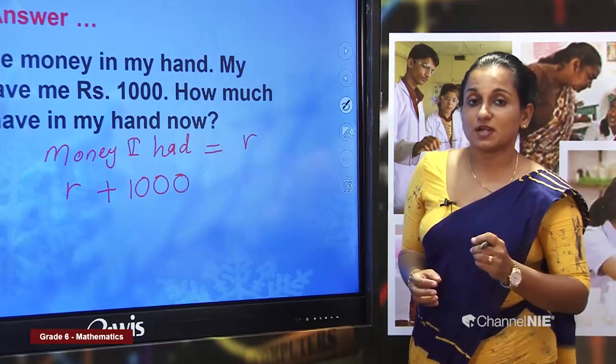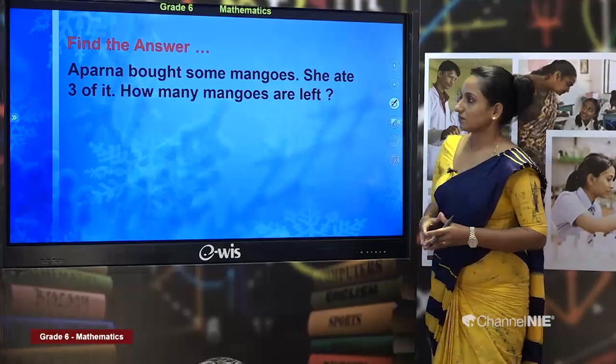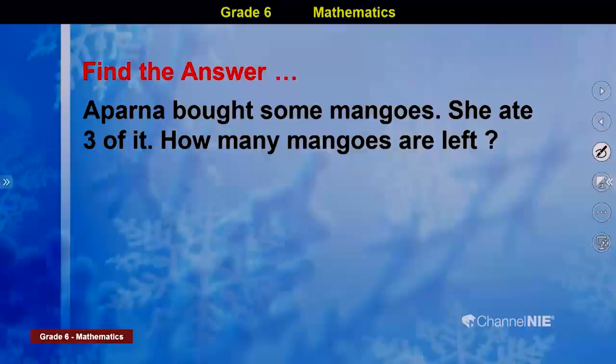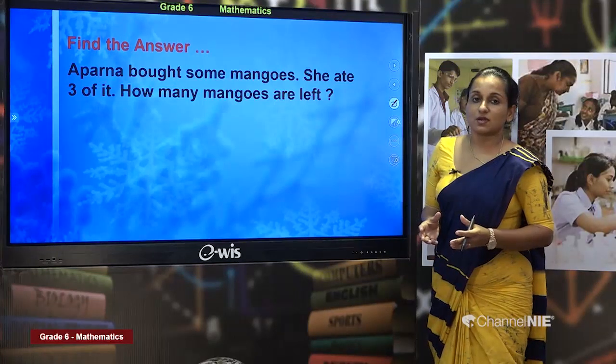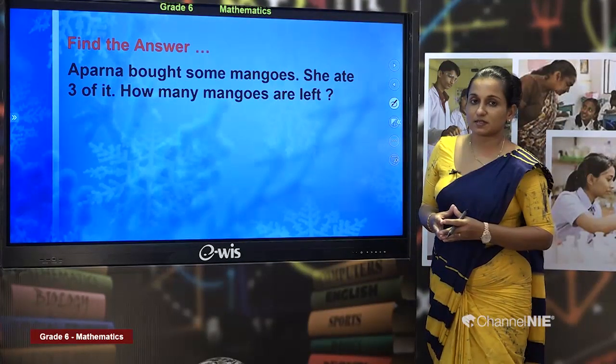Let's move to another example. Aparna bought some mangoes. She ate 3 of them. How many mangoes are left? Do you know the number of mangoes bought by Aparna? No. Then that is unknown. We have to use an algebraic symbol for that.